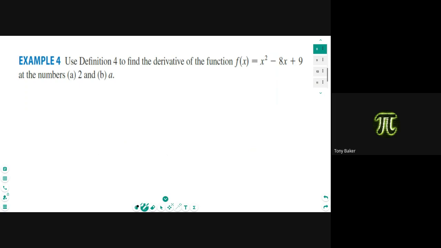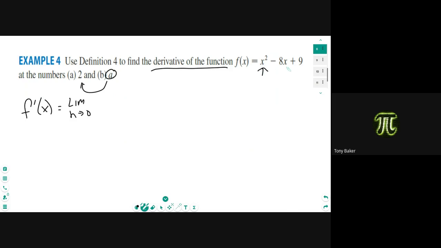Notice nothing is going to change from what I did, except now they say we're going to find the derivative of this function, and we're going to do it backwards. We're going to do a first, and then find 2. So f prime of x is the limit as h goes to 0 of f of a plus h.